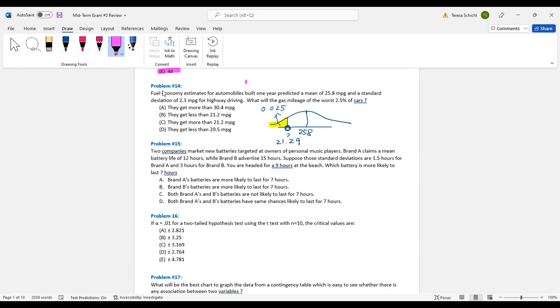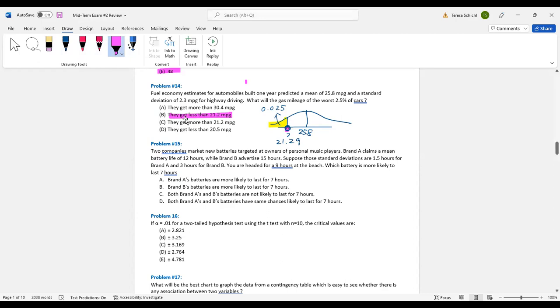That means they get less than 21.2 or they get more than 21.2. So they will get less than 21.2, right? Okay, so that's why the boundary here, this value here, is 21.29.